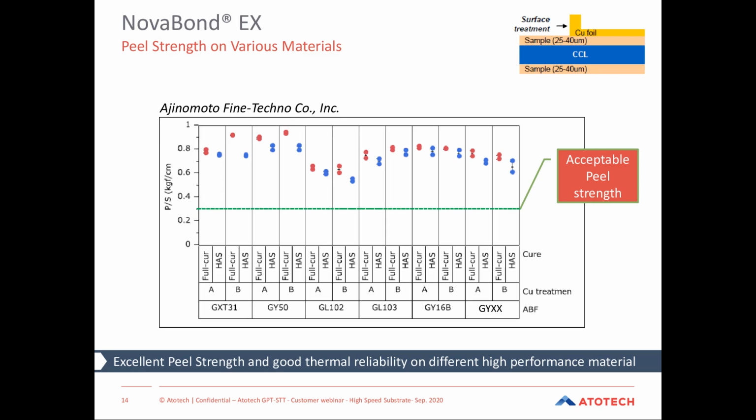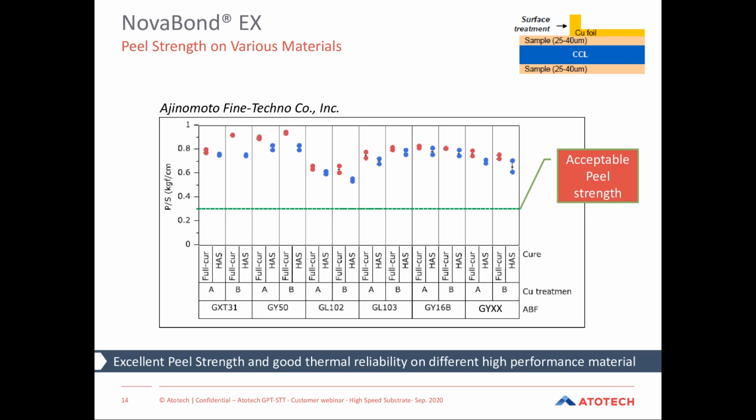Going back again, as I mentioned, we lower the roughness for high speed substrate applications, but we still need to maintain the original performance, right? So the peel strength has to be the same as before, as the other POR.